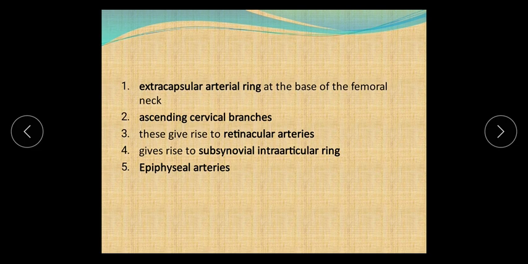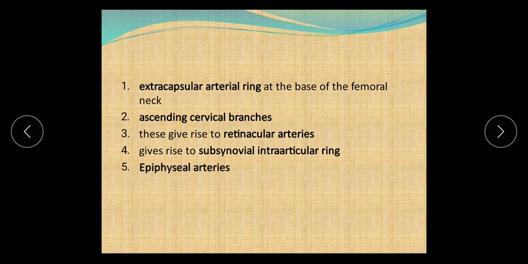These three arteries, they form an extracapsular arterial ring at the base of the femoral neck. From this extracapsular plexus of vessels, the ascending cervical branches arise.